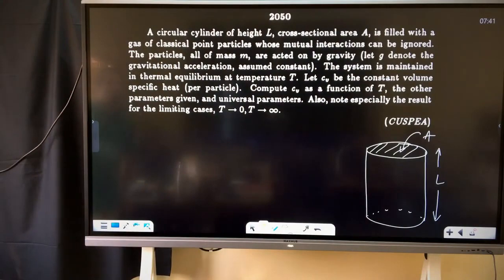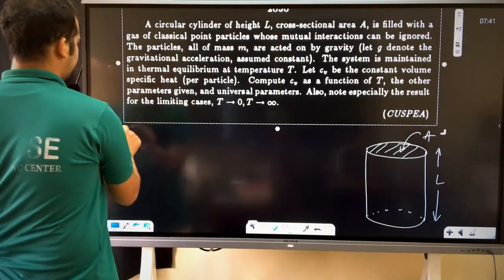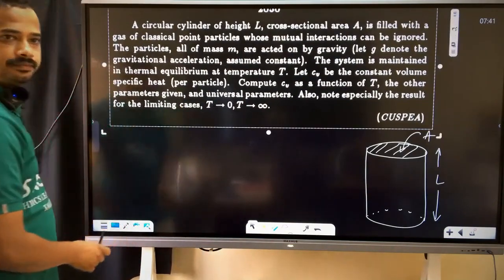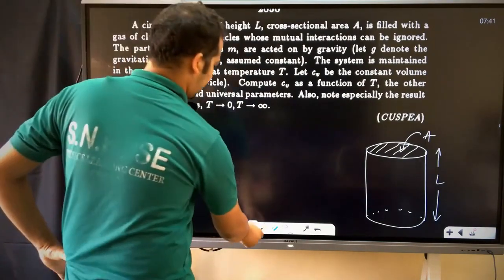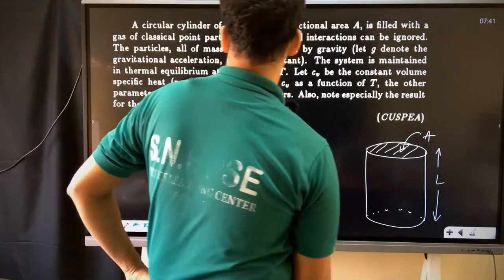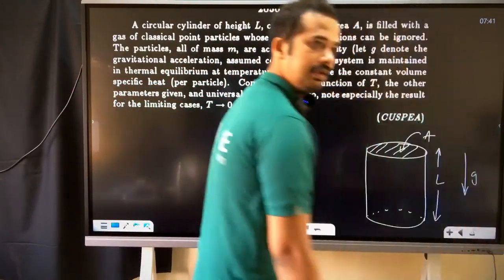That means ideal gas. The particles, all of mass m, are acted on by gravity. Let g denote the gravity. Usually gravity is downward like this.